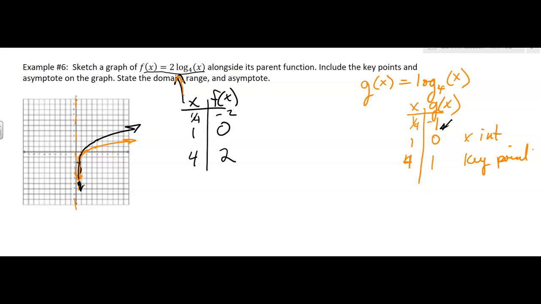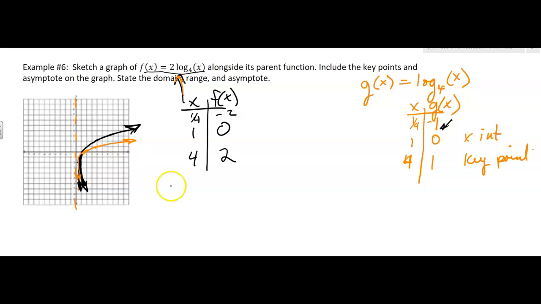But it should be crossing over, so it should be to the right here. I'll try to exaggerate it a little bit. And then it should be above after it goes through the x-intercept. Okay? All right. But the asymptote's still the same, even though I have it kind of drawn funny.